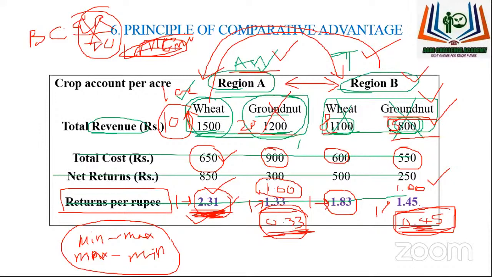Absolute means complete advantage, completely having it. Wheat and cotton, both are lower in region B. Here both are higher, in physical units as well as in return terms. Take some persons: Raju is good at studies as well as good at games.